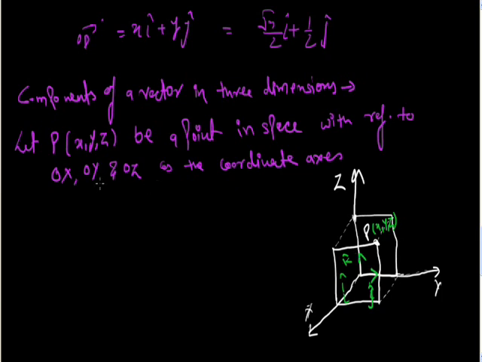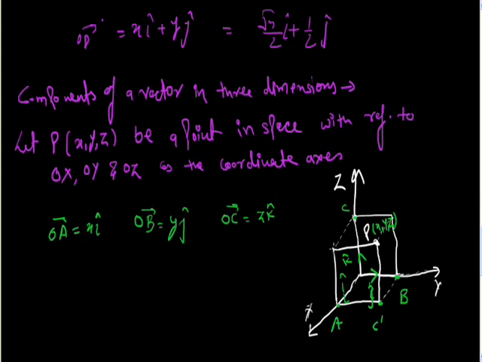Now first, write down the OA vector is x i cap, the OB vector is y j cap, the OC vector is z k cap. Now marking the points: this point is C, this point is A, this point is B. This point is C dash, this point is B dash, and this point is A dash.